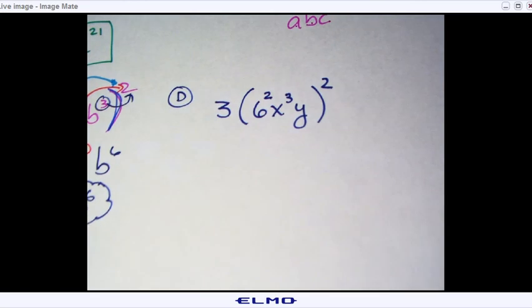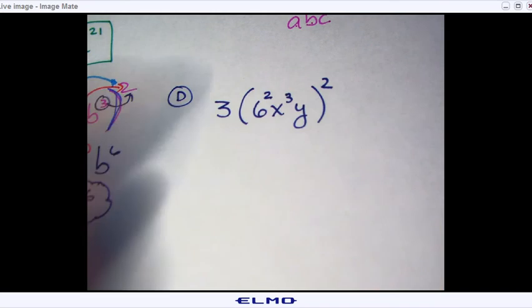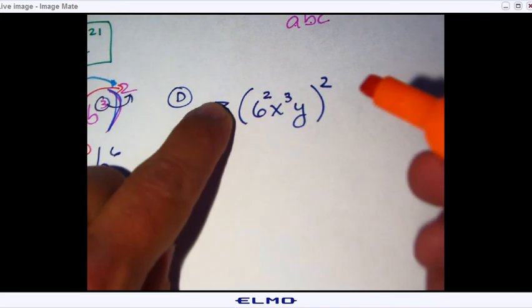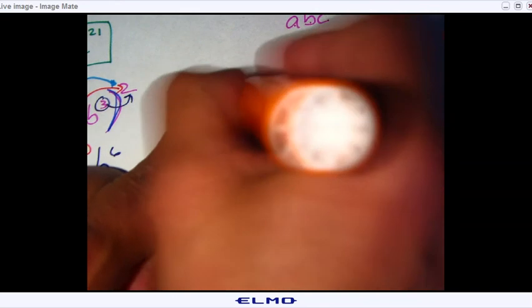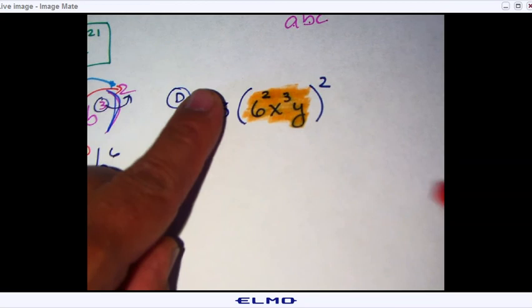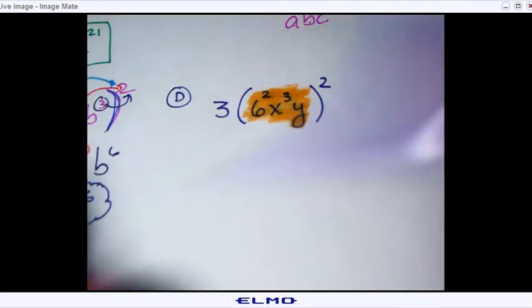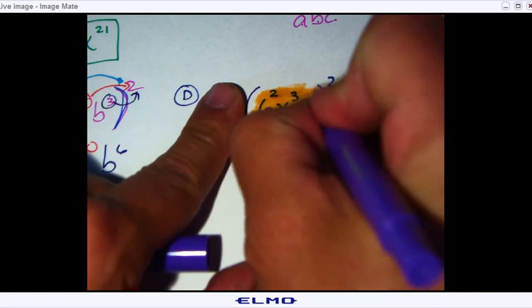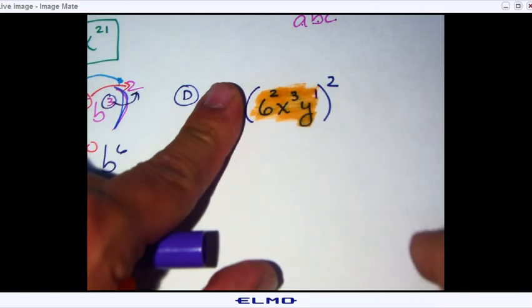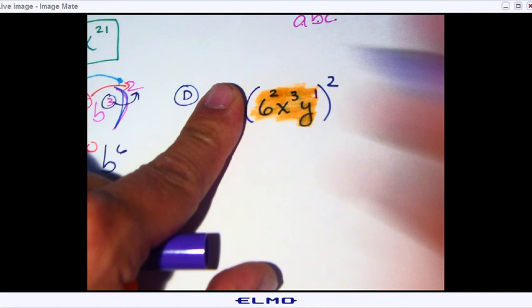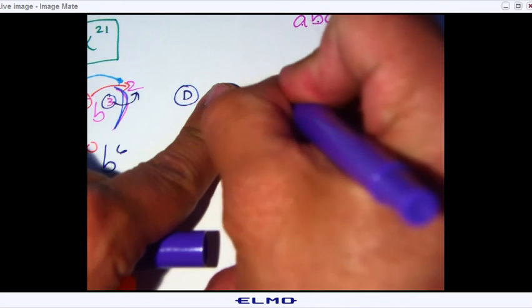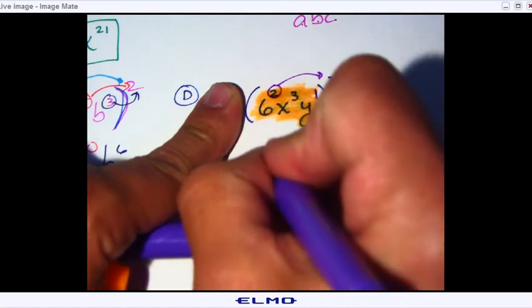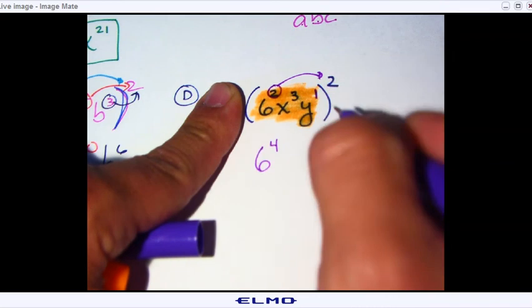All right, so remember, what's power to a power? Well, not 3. That's not in the parentheses. It's only this. See that? Only that. So remember what I said, everything should have an exponent. So the y doesn't have anything, so I'm going to put a 1. All right, so now let's go ahead. 2 times 2 is 4.